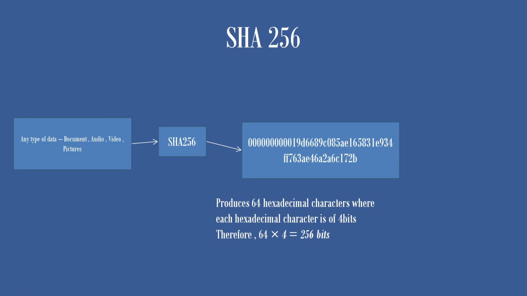So SHA-256 is a hashing algorithm. So what's a hashing algorithm? A hashing algorithm is a cryptographic hash function. It is a mathematical algorithm that maps data of arbitrary size to a hash of a fixed size.